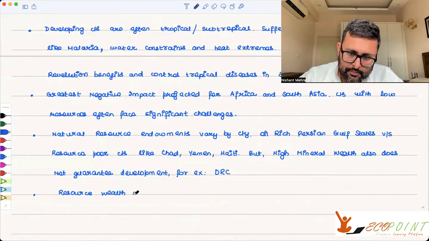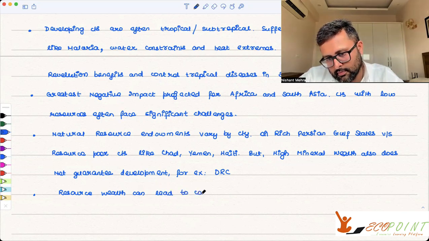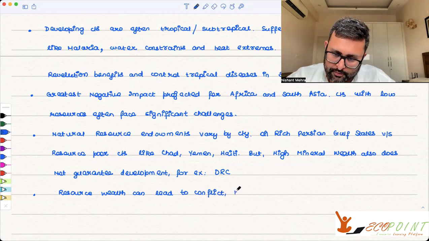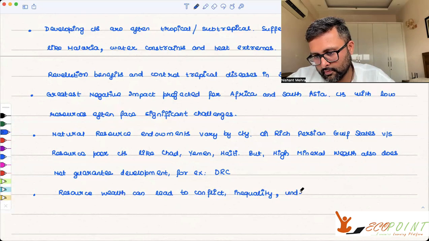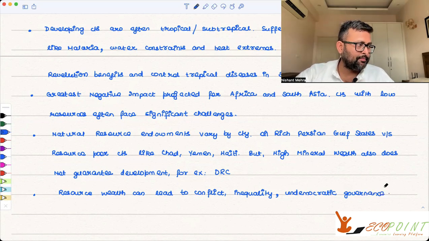Resource wealth can lead to conflict, inequality, and undemocratic governance. It can lead to all this.